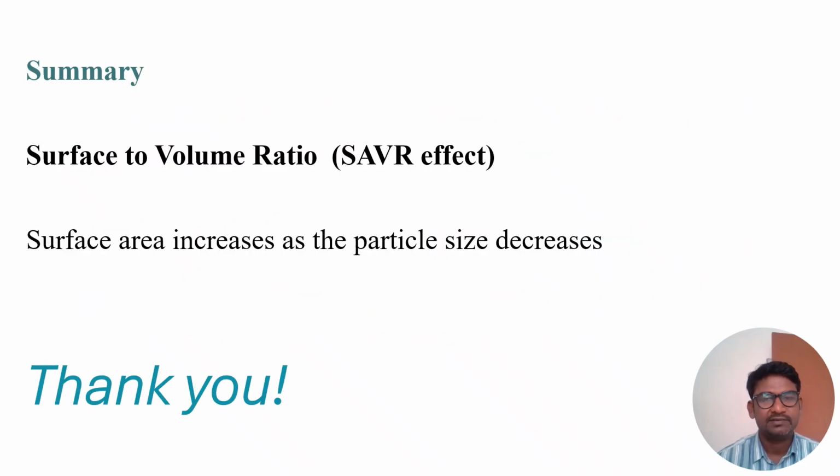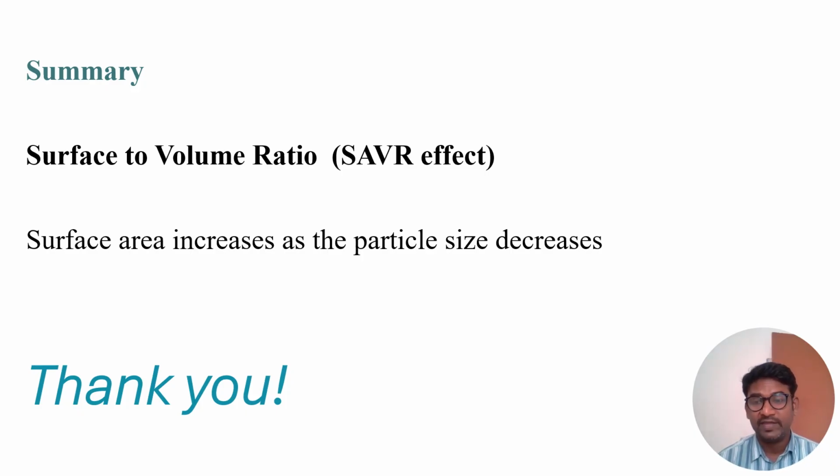And the summary. The summary is very interesting. The surface area to volume ratio clearly shows that the surface area increases as the particle size decreases. So this is the conclusion. Whenever you prepare any kind of nanoparticles or nanostructures, understand that when you reduce the particle size, the surface area will automatically increase.